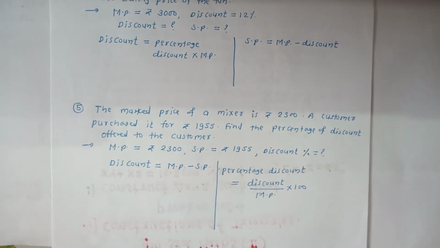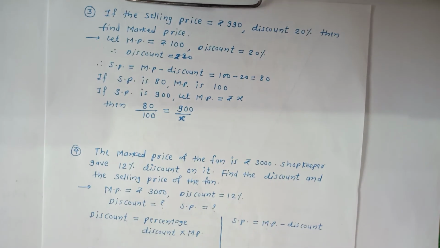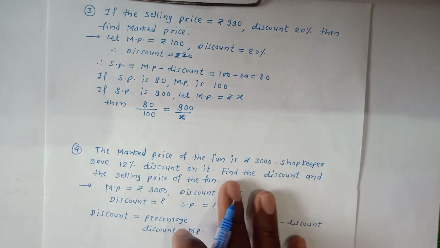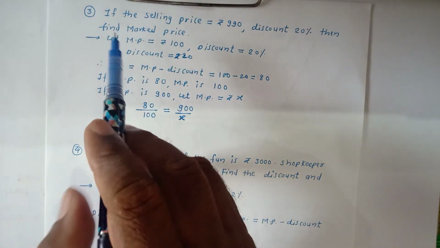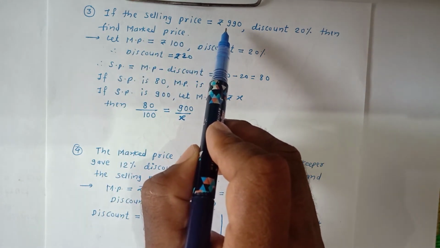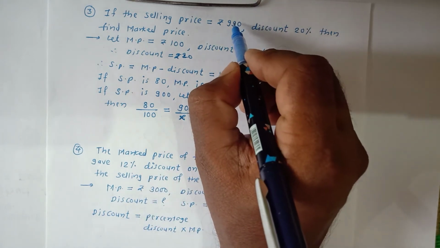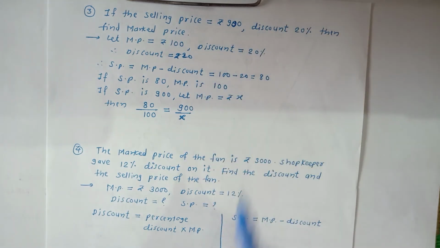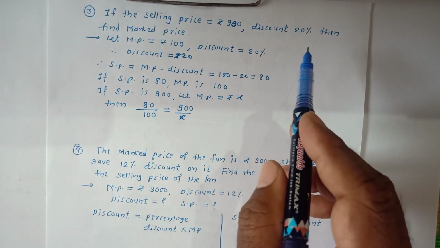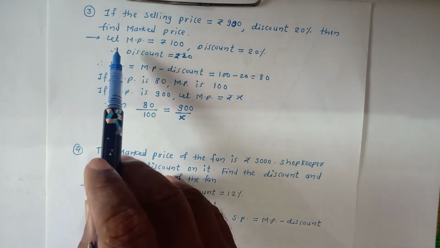Now let's solve question number 3. If the selling price is equal to 900 and discount is 20%, then find the mark price.